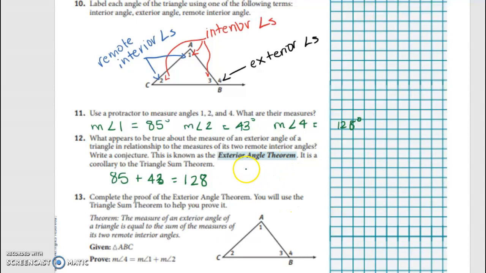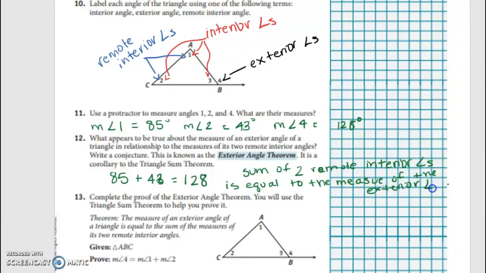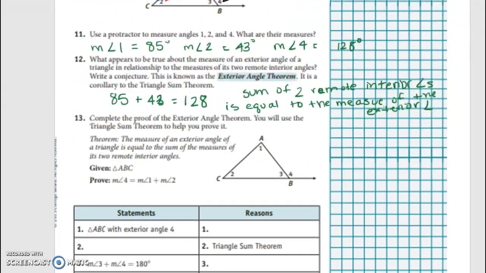So the sum of the two remote interior angles is equal to the measure of the exterior angle. That is what we call the exterior angle theorem.